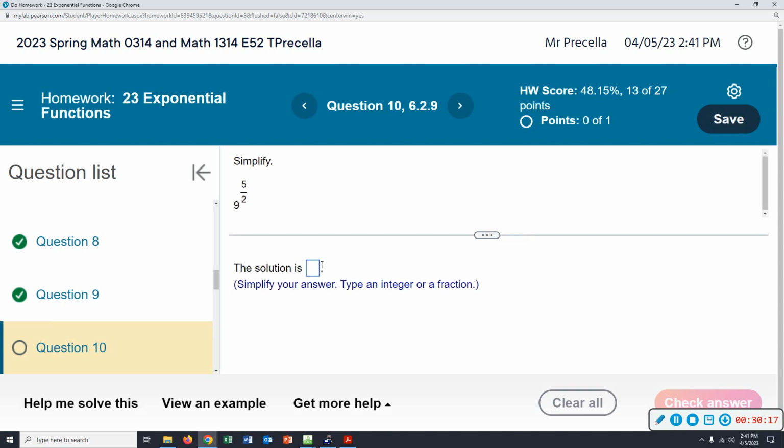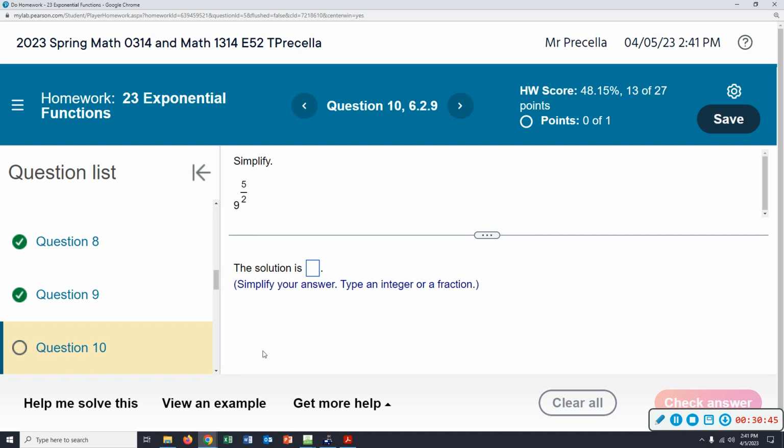Oh, 9 to the 5/2 power. I think this would look nicer to me if the fraction was written sort of horizontally. Do y'all know what I mean by that? 9 to the 5/2.